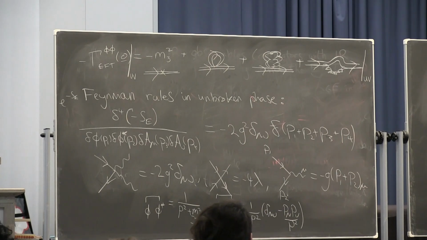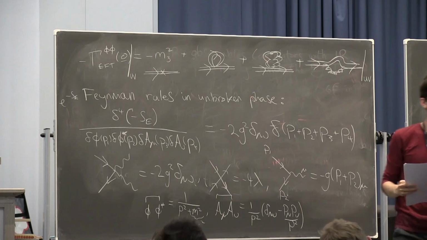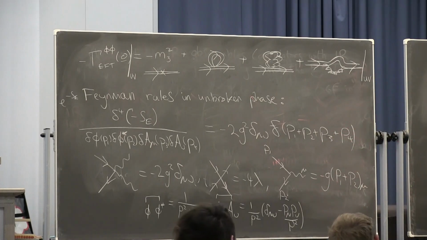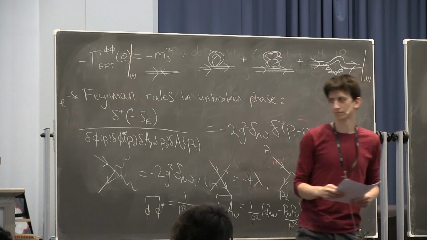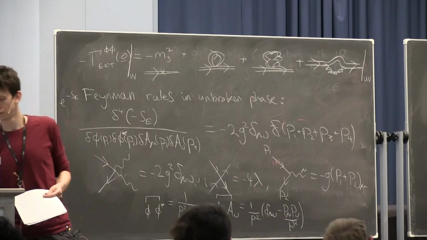Which tells us that gamma EFT phi phi is m3 squared. And that's it. Sorry, the UV part. And we only need to match the UV parts. Running out of time, aren't I?